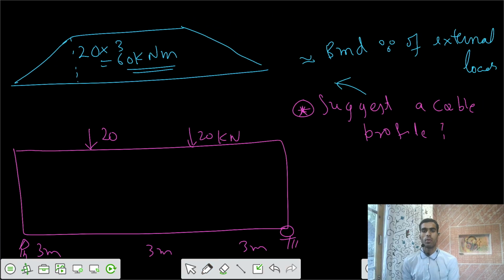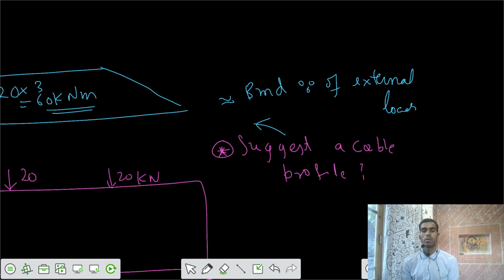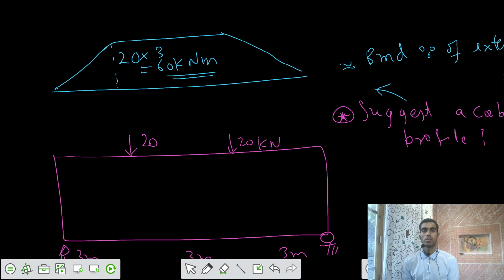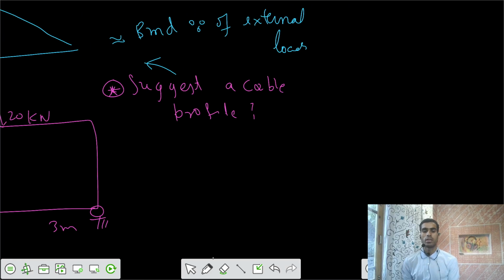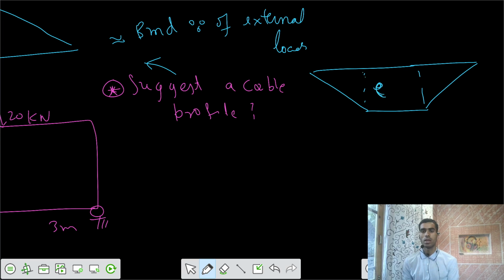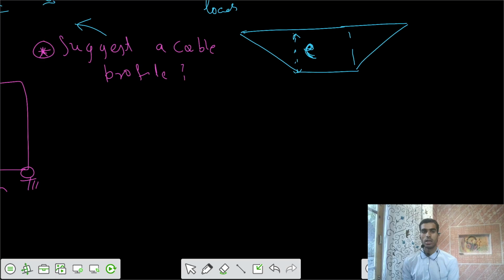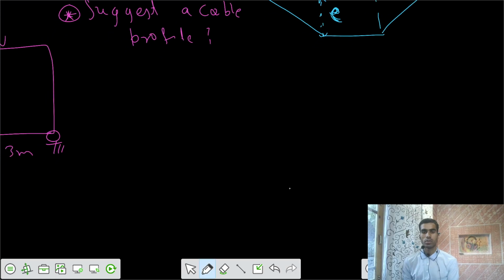So I would suggest a cable whose shape is similar to this, and its diagram would be the reverse of that, such that it counteracts the effects of those external moments. So this should be my profile of that cable with some eccentricity E at this location.